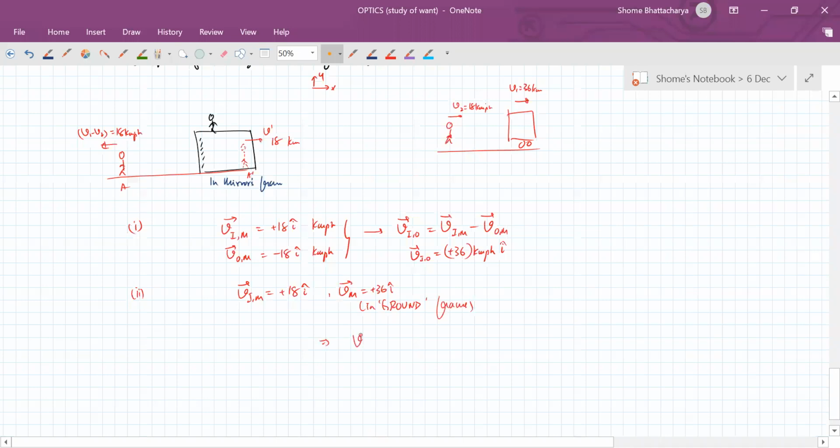So the velocity of the image in the ground frame will be the relative velocity plus the velocity of the mirror. So it will be 18 i cap plus 36 i cap.